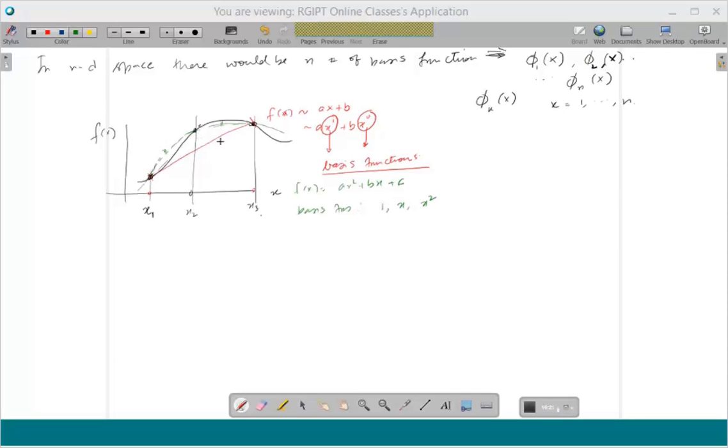So you take finer points, more and more points, and you can approximate your function with higher order polynomials.